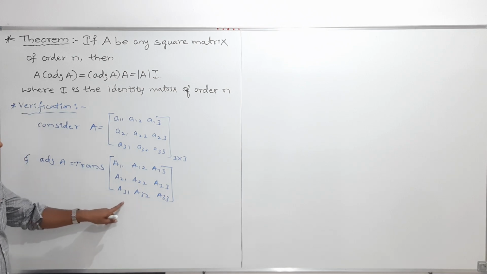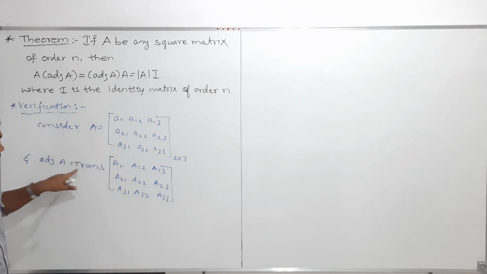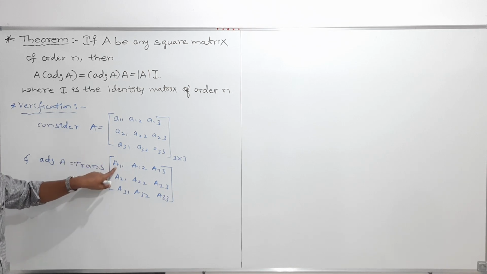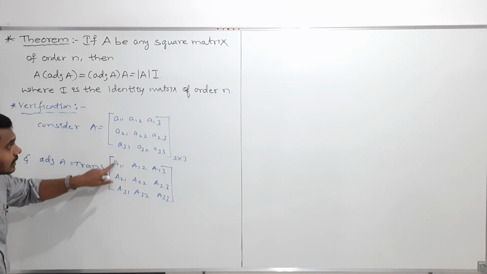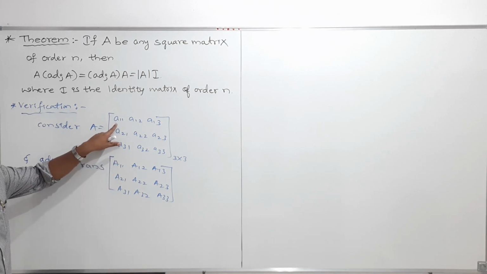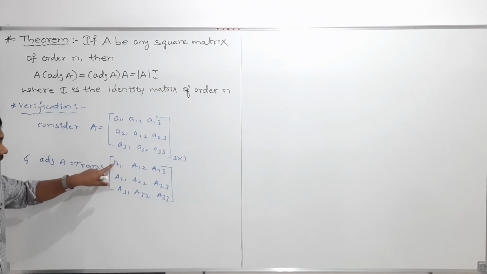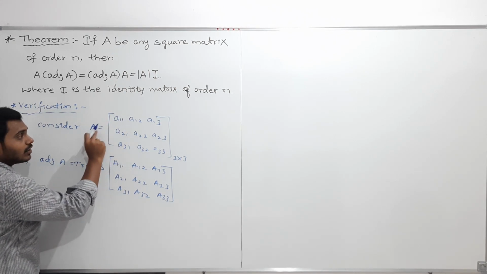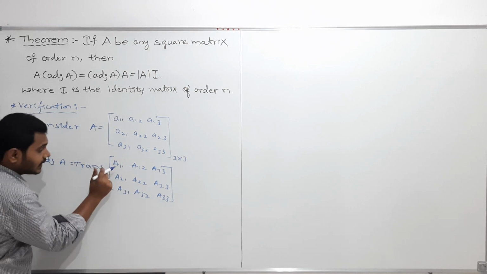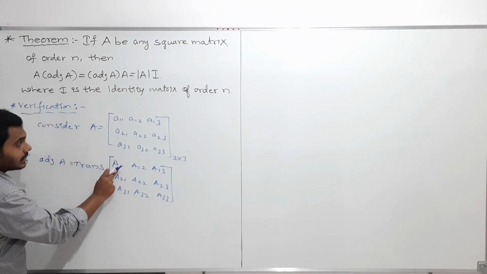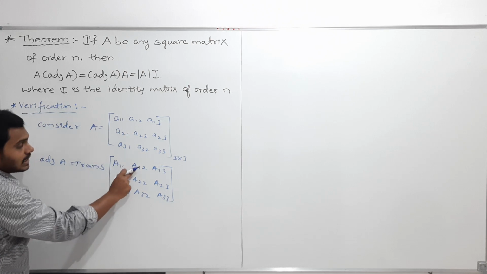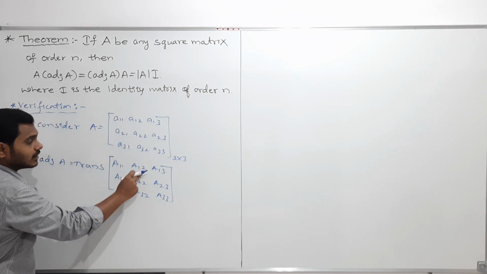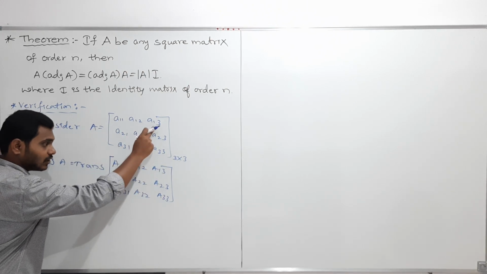Clear? What is capital A11? Capital A11 is the cofactor of the element A11, which we denote as capital A11. Small a11 is the entry of the matrix A, but capital A11 is the cofactor of the element a11. Capital A12 means cofactor of a12, and capital A13 means cofactor of a13.